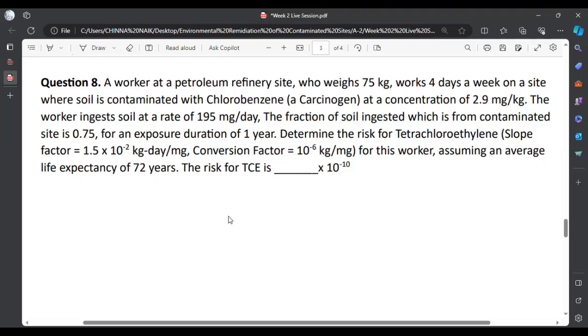4.47 into 10 power minus 8. Okay, everyone getting same solution, same answer?